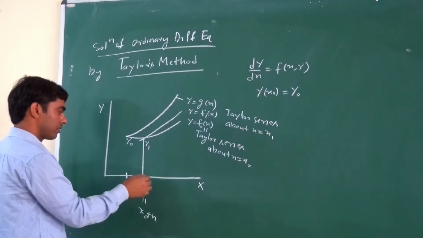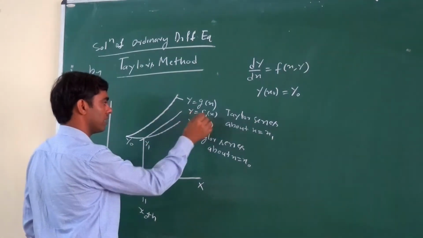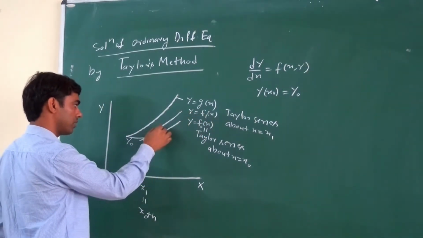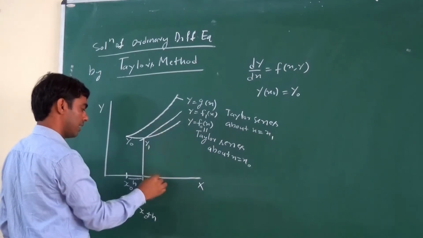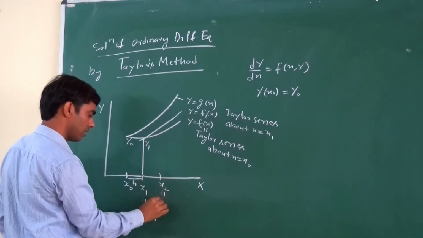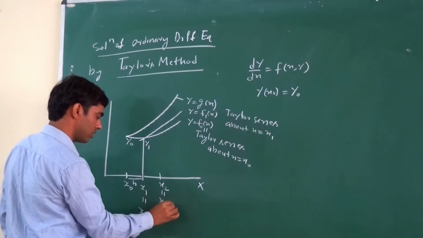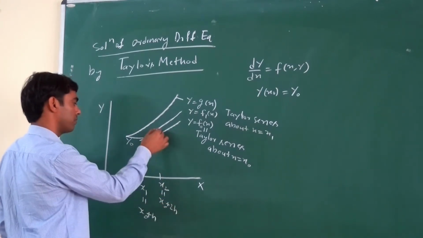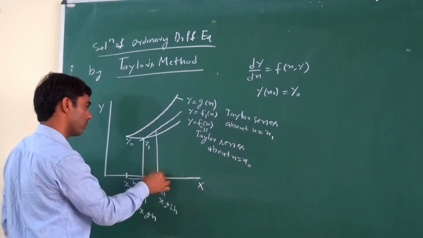Then in this Taylor series y = f1(x), we put x = x2, and for equal class interval x2 becomes x0 + 2h. Then we find y2.